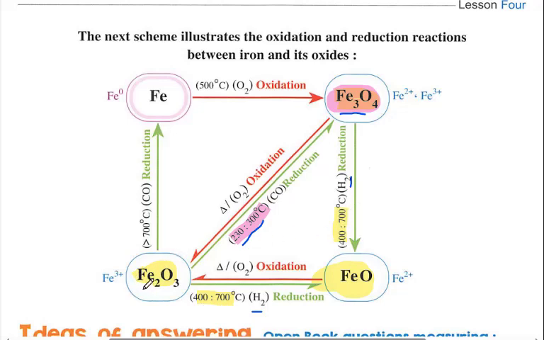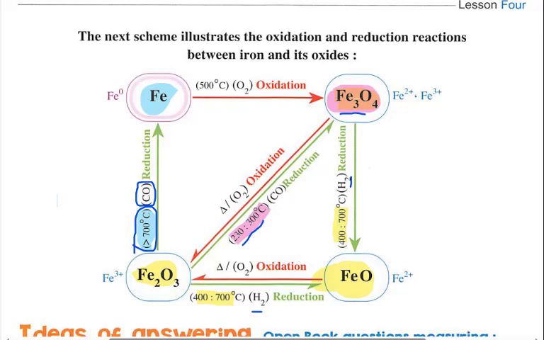If we want to reduce the ferric oxide, or the hematite, into elemental iron, we have to use one of the reducing agents like carbon monoxide and raise the temperature higher than 700 degrees Celsius. So if the temperature is higher than 700 degrees Celsius, then the produced substance is elemental iron. So elemental iron is produced by reduction of ferric oxide using one of the reducing agents like carbon monoxide or hydrogen, at a temperature higher than 700 degrees Celsius.